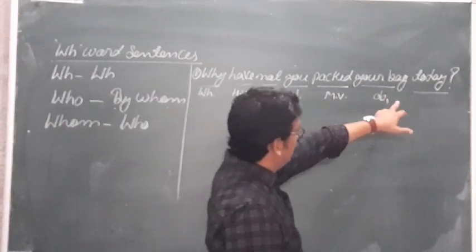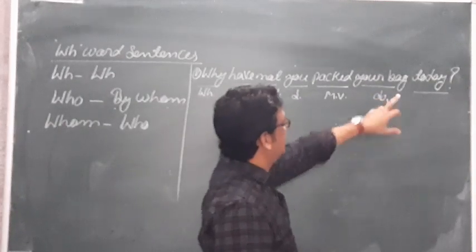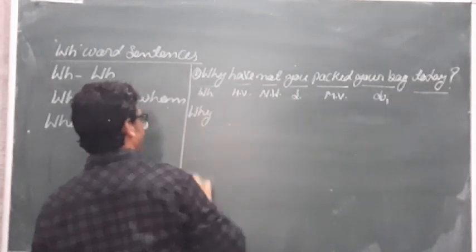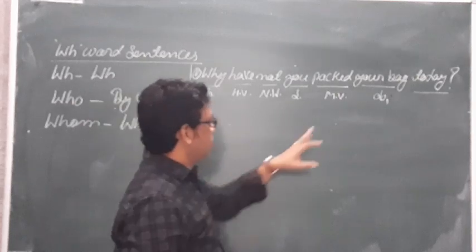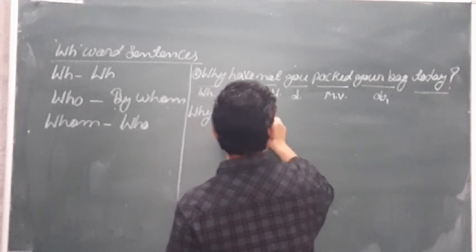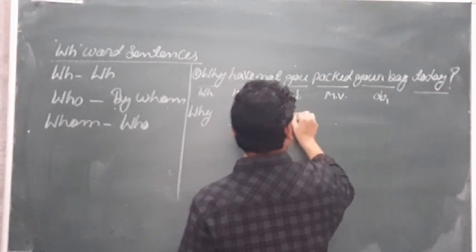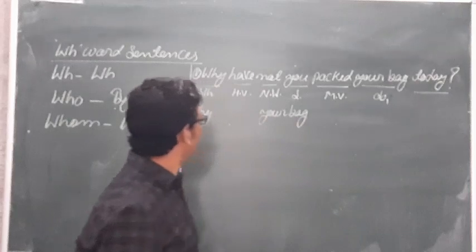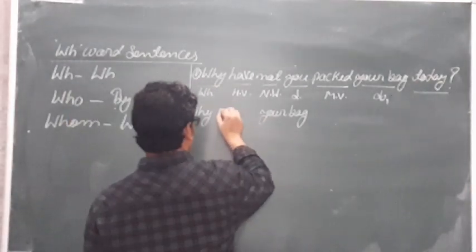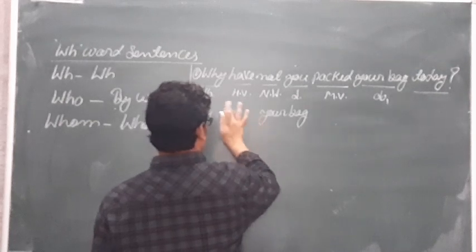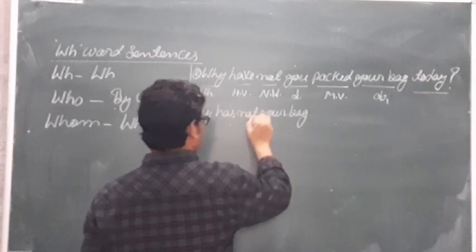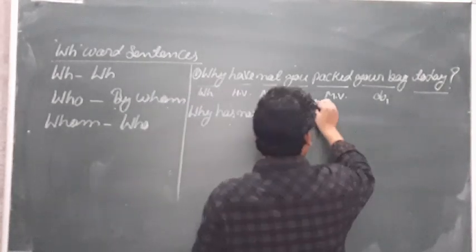Okay, first of all we change why into why, then object into subject, your bag. Now has/have into be, has/have plus be. So your bag is singular, has not, your bag and be.